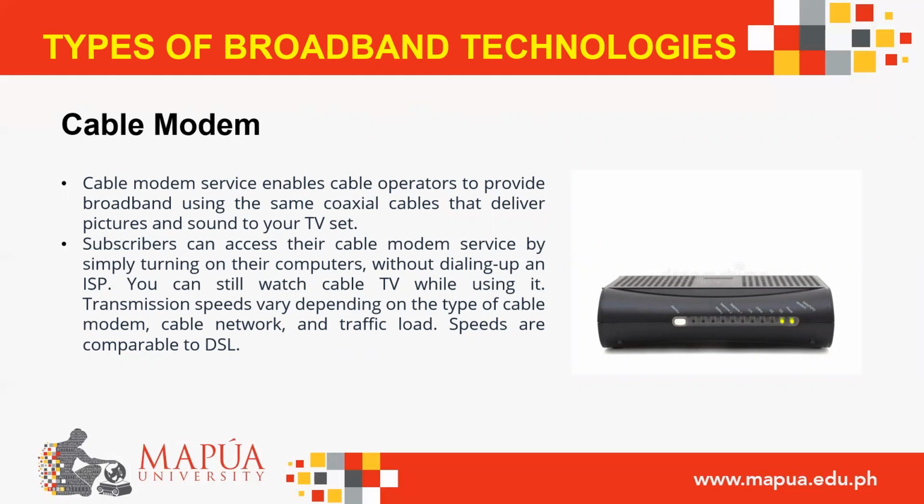Subscribers can access their cable modem service by simply turning on their computers without dialing up an ISP. You can still watch cable TV while using it. Transmission speeds vary depending on the type of cable network and traffic load. Speeds are comparable to DSL.